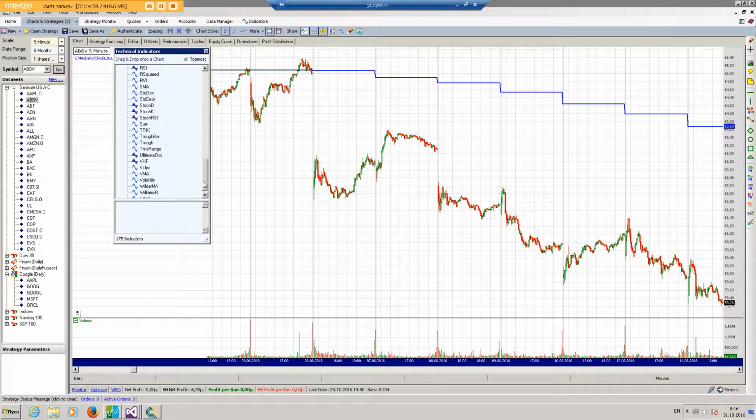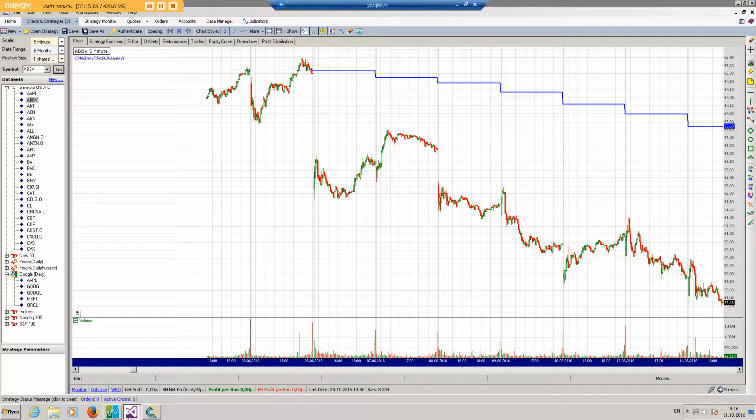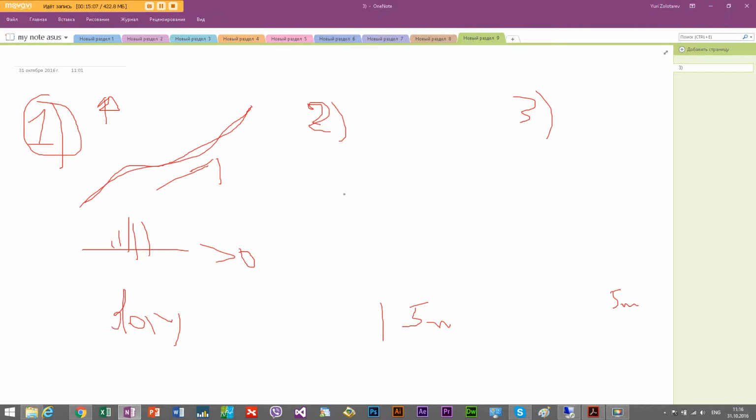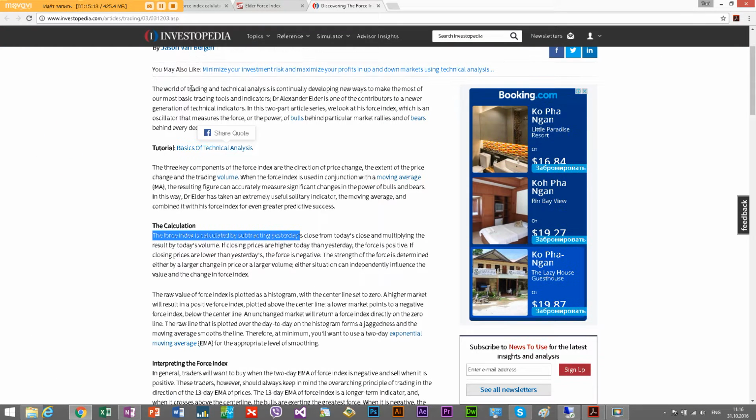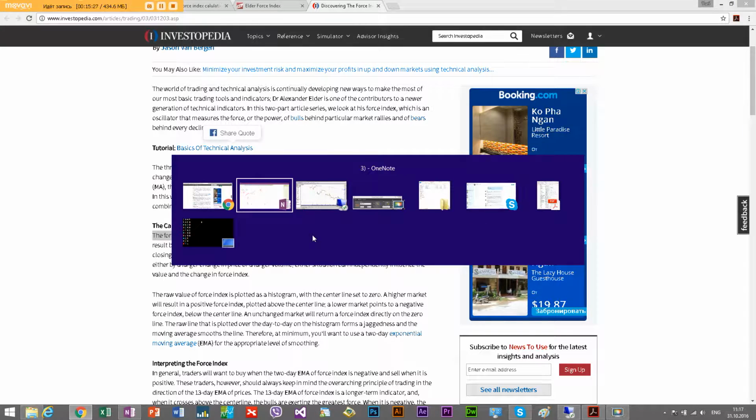I looked for it, and unfortunately I did not find it, but we can just code it and take the 2-period EMA from that index, and that is what we need. So here's the force index from Investopedia, and you can see that the force index is calculated by subtracting yesterday's close from today's close and multiplying the result by today's volume. No problem.